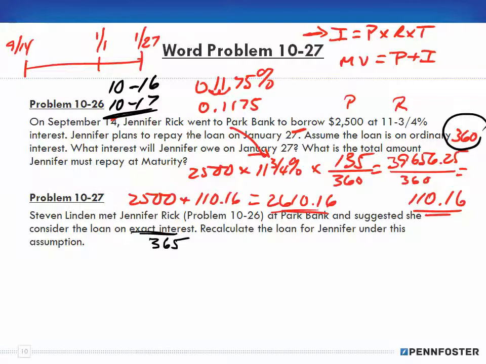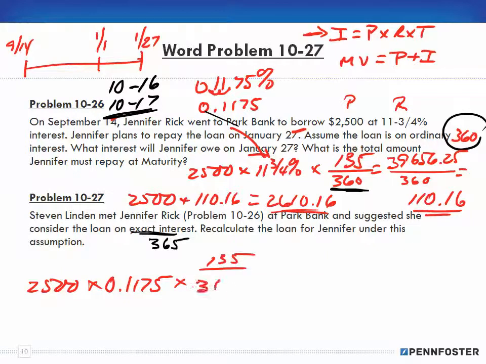The only difference between the two is we're going to do the same calculation, but instead of using 360 days, we're going to use 365. So I have the $2,500 times 0.1175, 11.75% interest, times 135 days over 365. When we do the math, 2,500 times 0.1175 times 135 gives me 39,656.25.